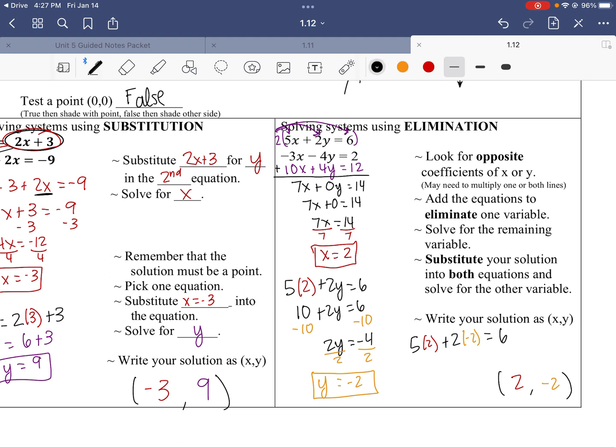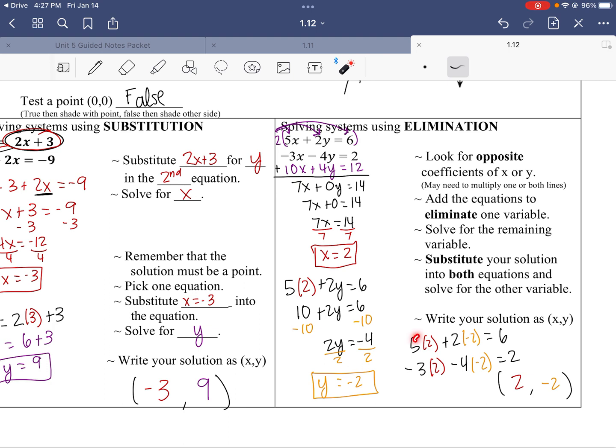And for the bottom one, we should do -3, instead of x, we're going to use a 2, plus 4 times -2, and that should equal 2. You can just check them in your calculator. I can do these in my head, but it's okay if you can't. Use your calculator and type it in exactly like you wrote it.